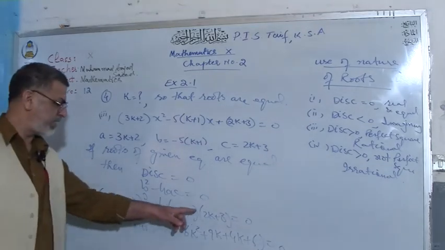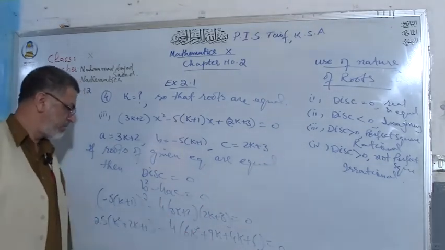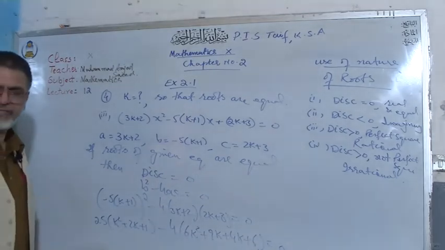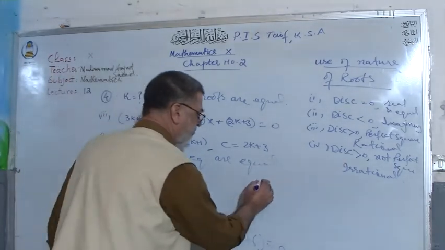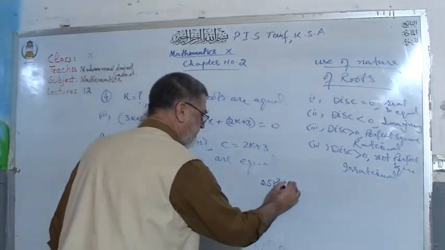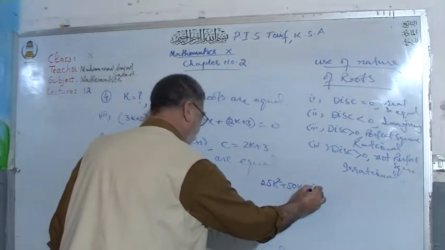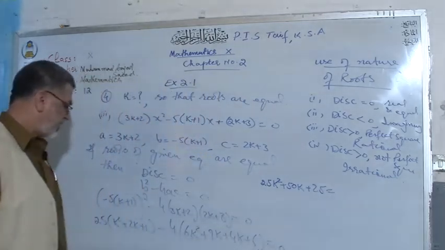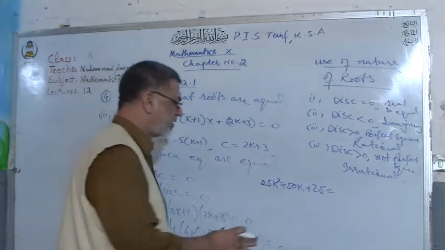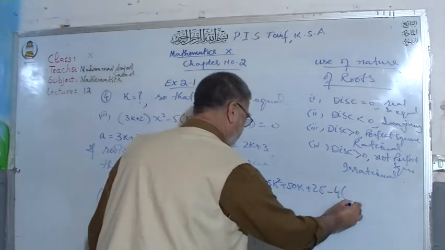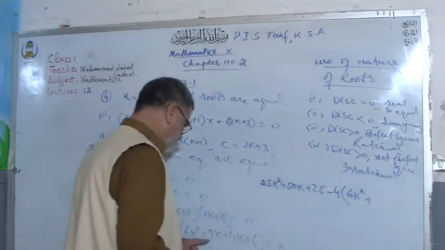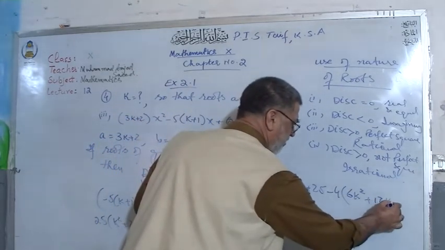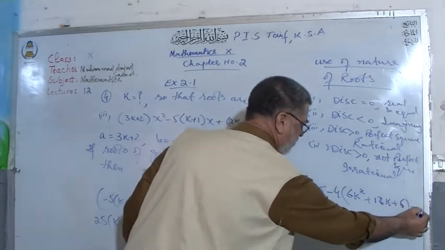You have multiplied 3k into 2k and 3k into 3 like that. After this, we will write down 25k square plus 50k plus 25 minus 4 into 6k square plus 13k plus 6 is equal to 0.